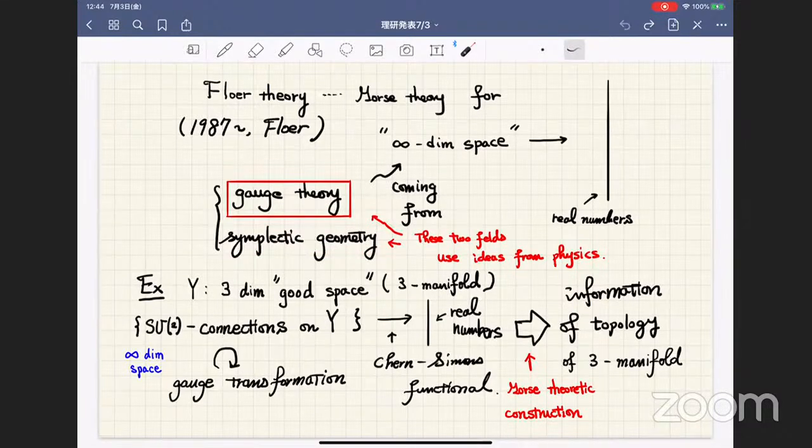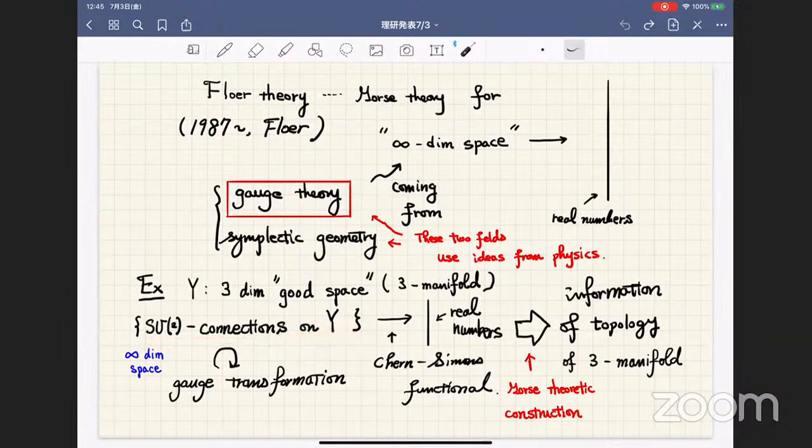As an example, if we fix a three-dimensional geometric space, a three-dimensional manifold, for example, we can consider the fourth product of real numbers. And we consider some nice class of functions on such spaces.